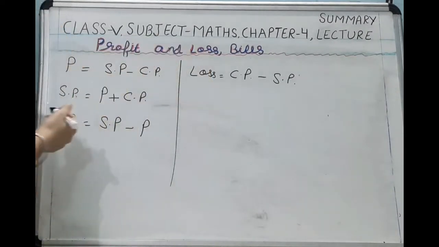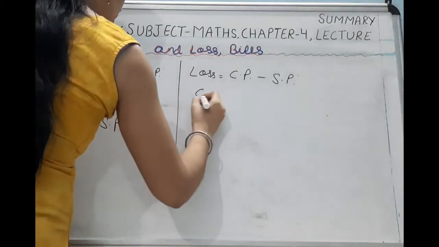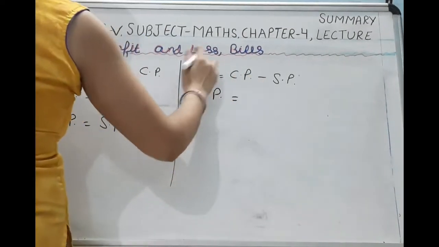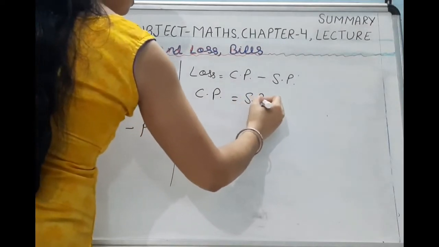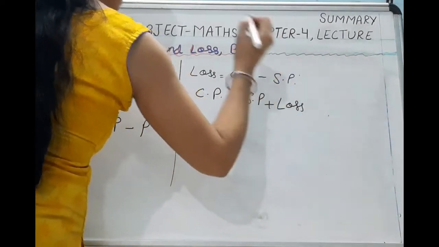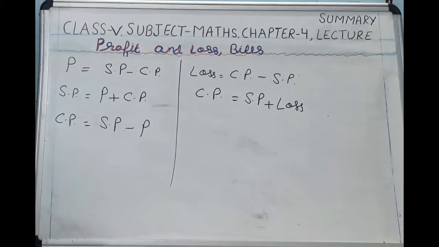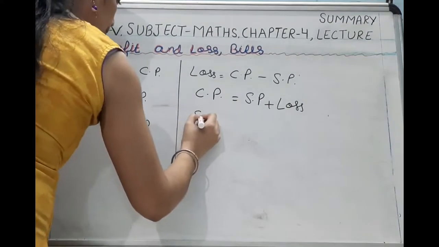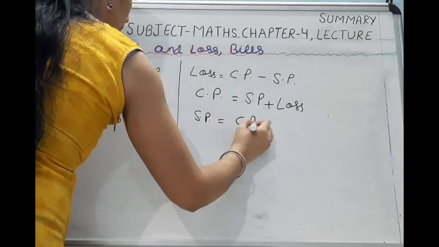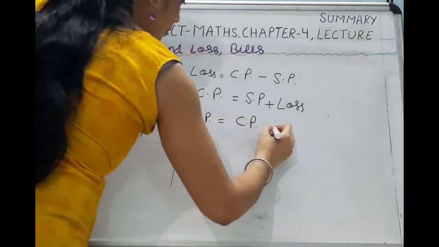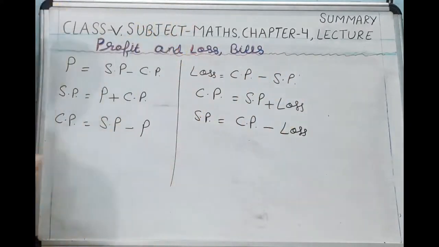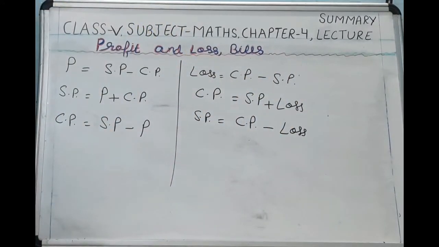Similarly, in the case of loss, cost price is equal to, shift selling price here, selling price plus loss. And selling price is equal to cost price minus loss. Understood? And now we will find out profit percent and loss percent.